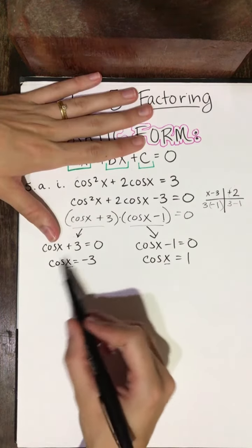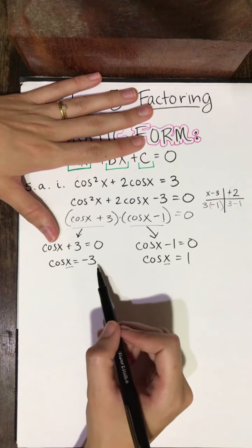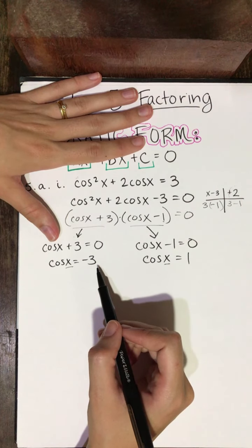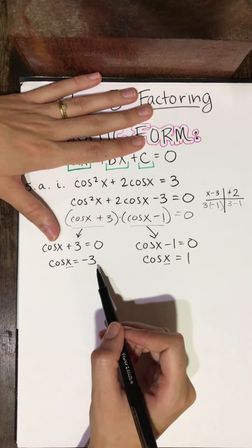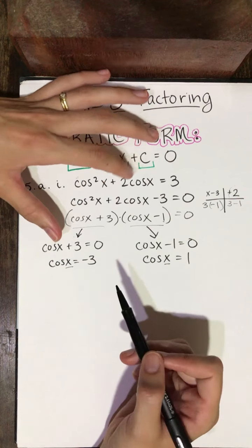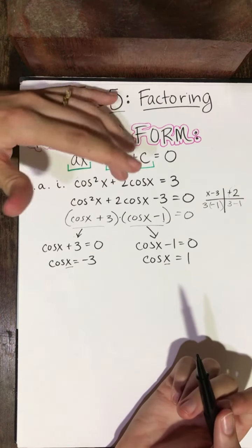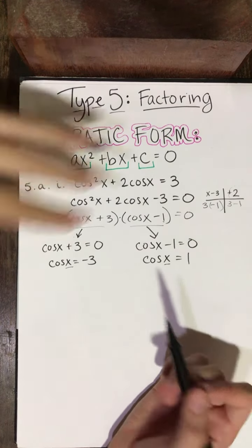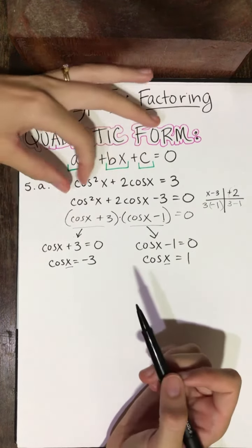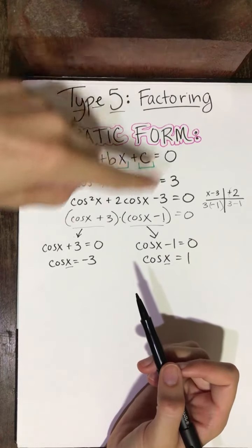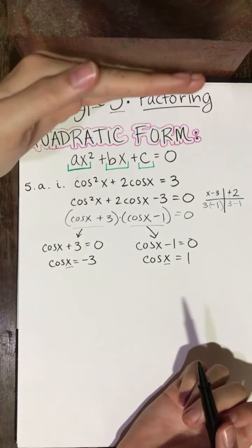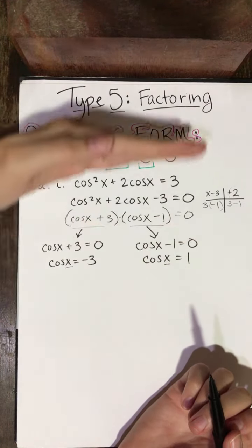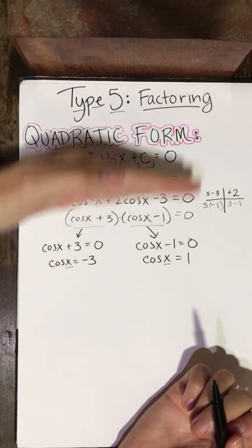So let's tackle this one first. Cosine equal to negative 3. Some of you might already be thinking that looks really fishy because some of you really enjoyed graphing last semester. I know, it's really all of you. And you remember that the cosine graph oscillated between positive 1 and negative 1. It never went beyond positive 1 and negative 1.